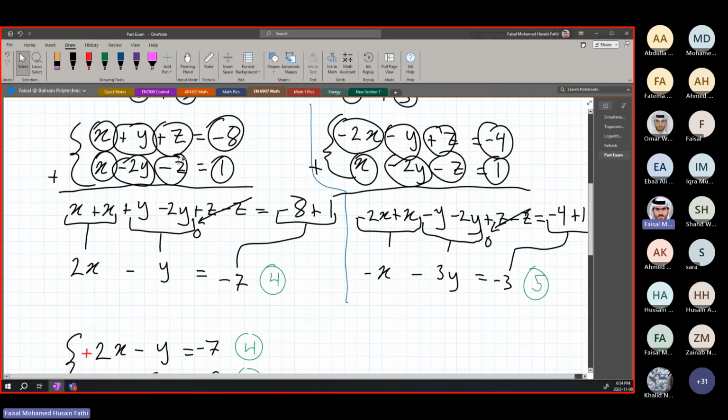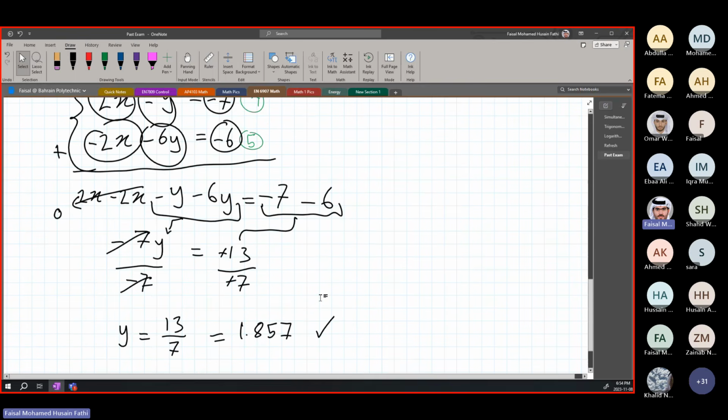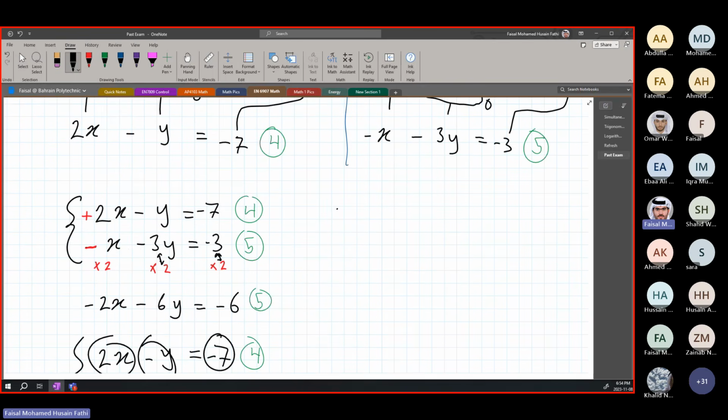Now, before going to the first equation, we substitute in one of equations 4 or 5. So we know that y is 1.857. Select one of these two equations. Let's take equation 4, for example. And we substitute y in equation 4.